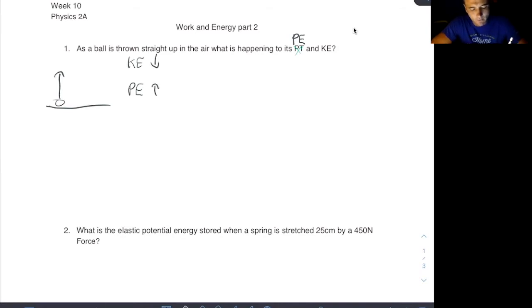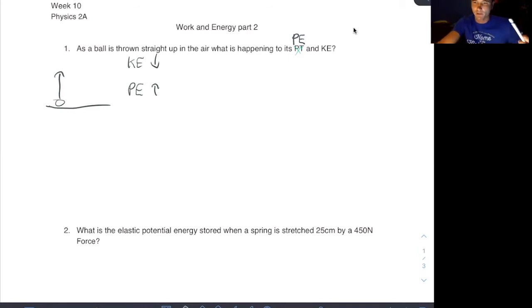So the way I look at potential energy is the potential for energy to happen without like an external force or whatever. So when we're throwing the ball straight up in the air, we're creating the potential for energy to happen, right? So the higher it goes, the more distance it'll have to fall, right? So the higher we throw the ball, the more potential energy we'll have because it has to fall a greater distance, right?